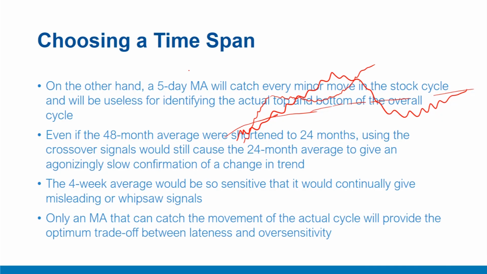Another useful feature is to use some kind of bands above and below the moving average to filter out whipsaw signals. We also noted that constructing an MA or selecting a period is a reasonable compromise between lateness and sensitivity. An MA constructed over a very short period will be very fluctuating and would generate a lot of whipsaw and false signals, and an MA constructed over a very long period may miss out many useful signals.